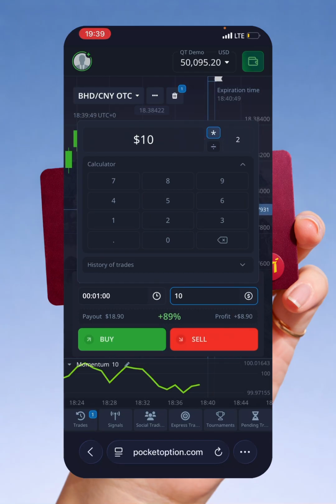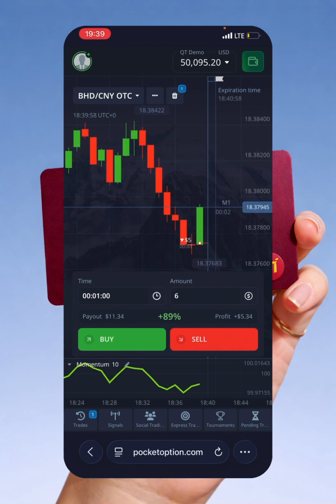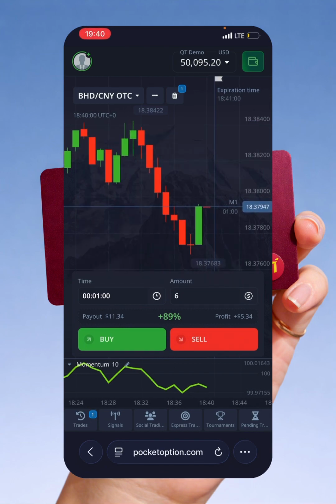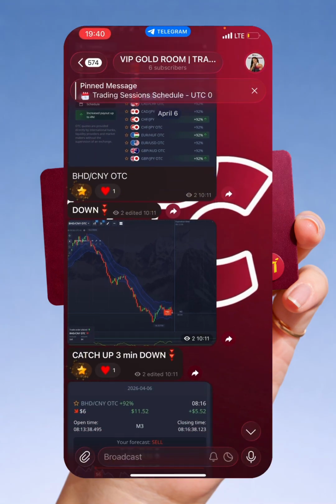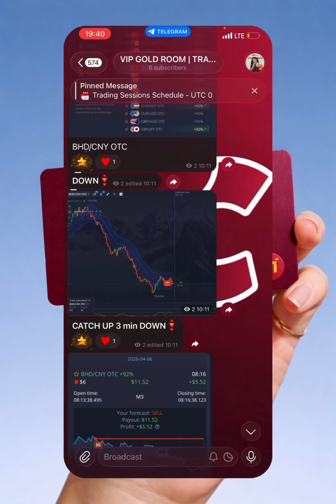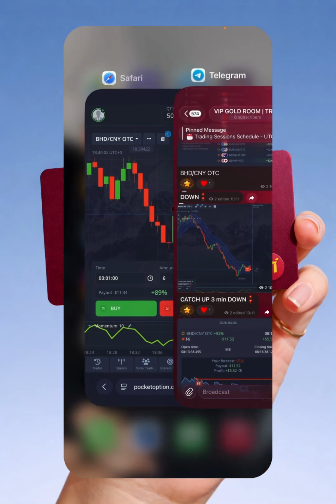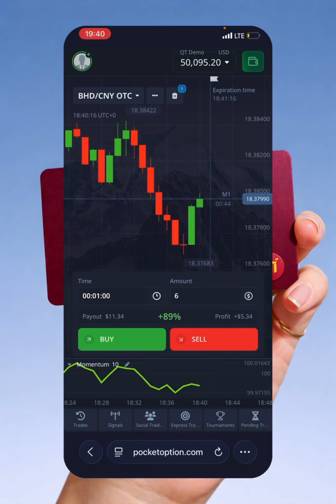Or if you don't want to do that, if you started with $4, you want to trade with $6, and then you wait. It's a lose. Now you come back to the group and wait for my direction. Now look, I told you, go for down again, you go for down again immediately.